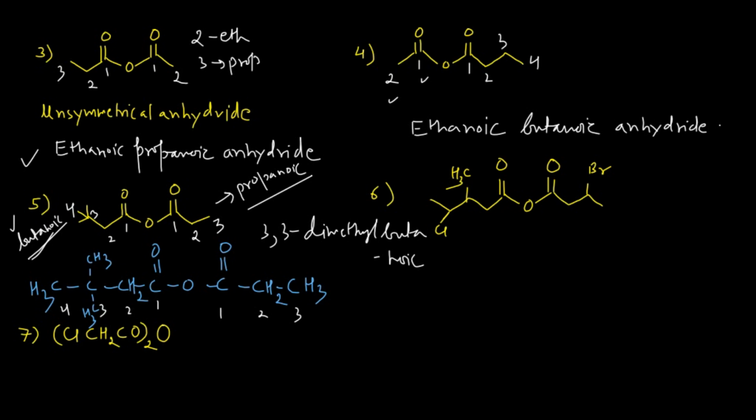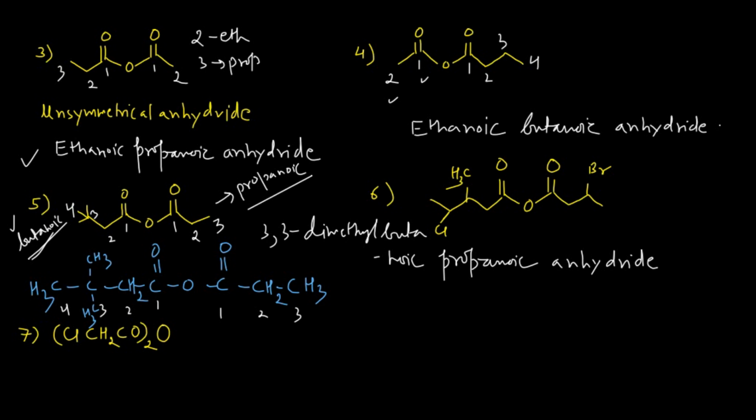Okay, and then you will write propanoic, and after that anhydride. So the correct IUPAC nomenclature of this compound number 5 is 3,3-dimethyl butanoic propanoic anhydride. I hope you understood this.